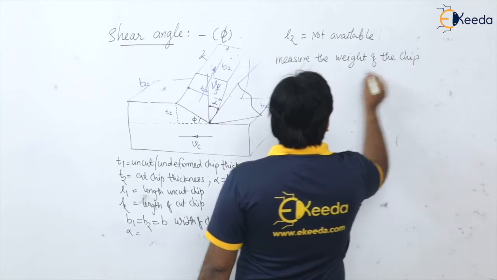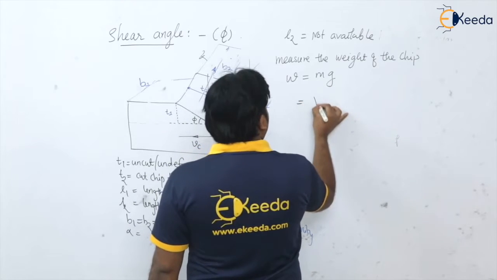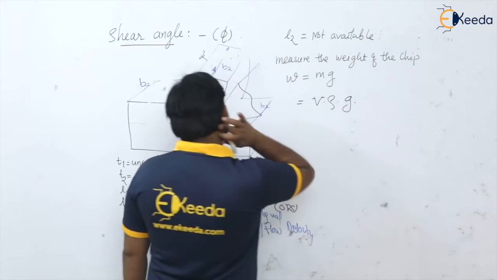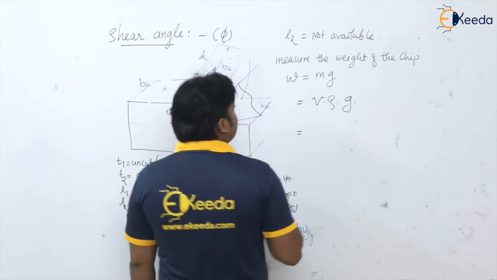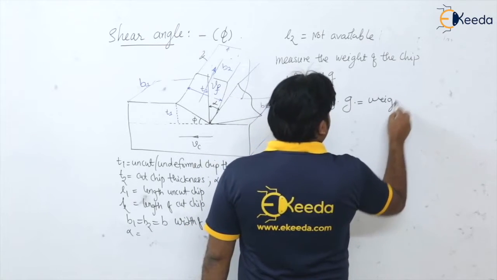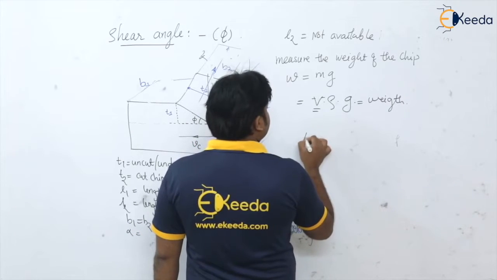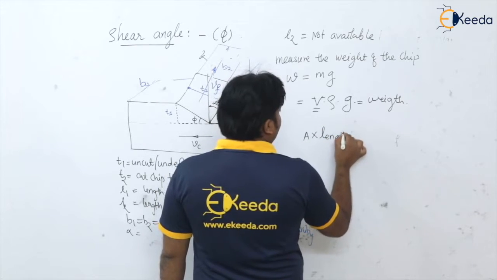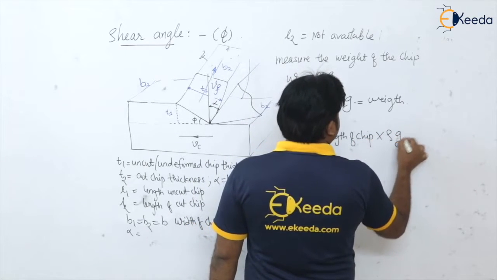What is weight? Weight is mass into gravity g. But mass is volume into density of material, so weight is volume into density into g. The volume for the chip is area into length, and this length is the length of the chip.